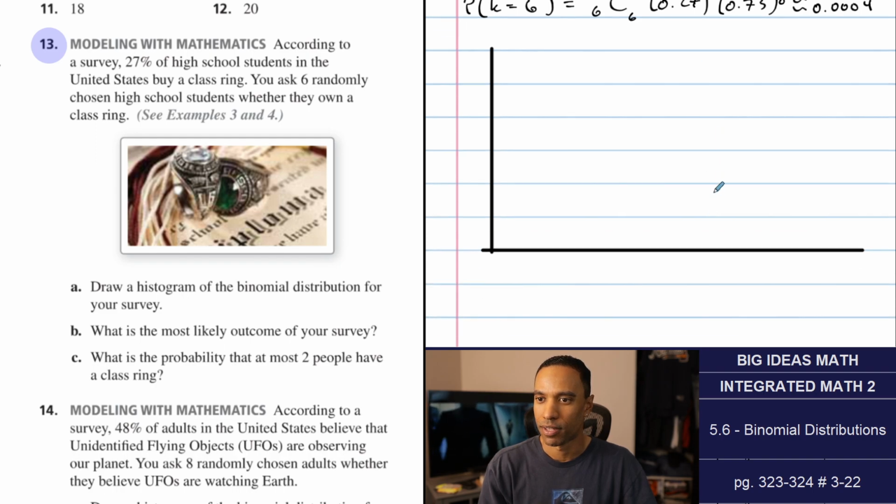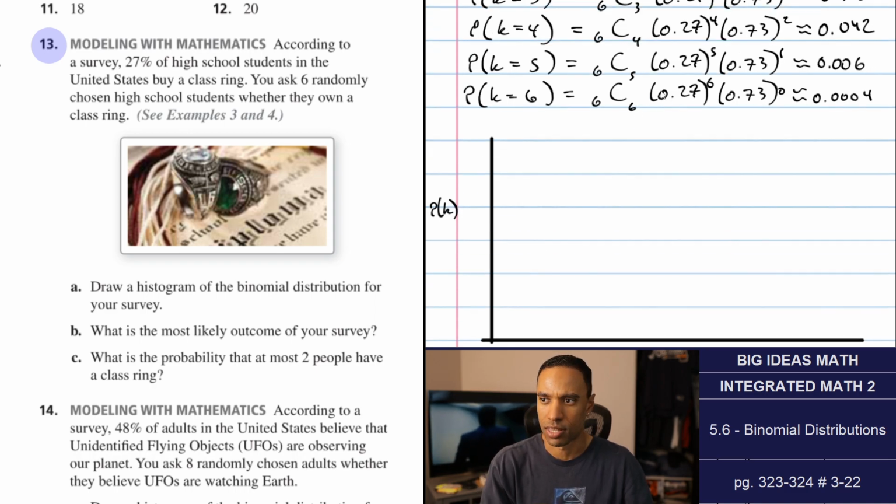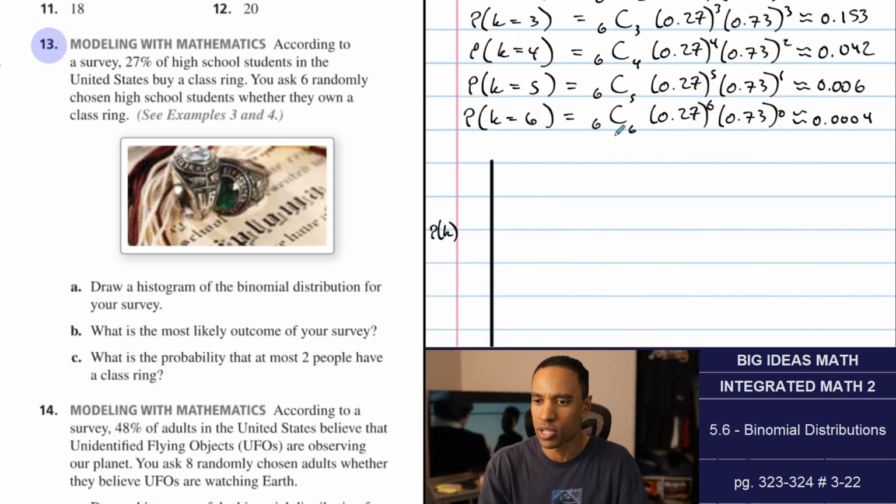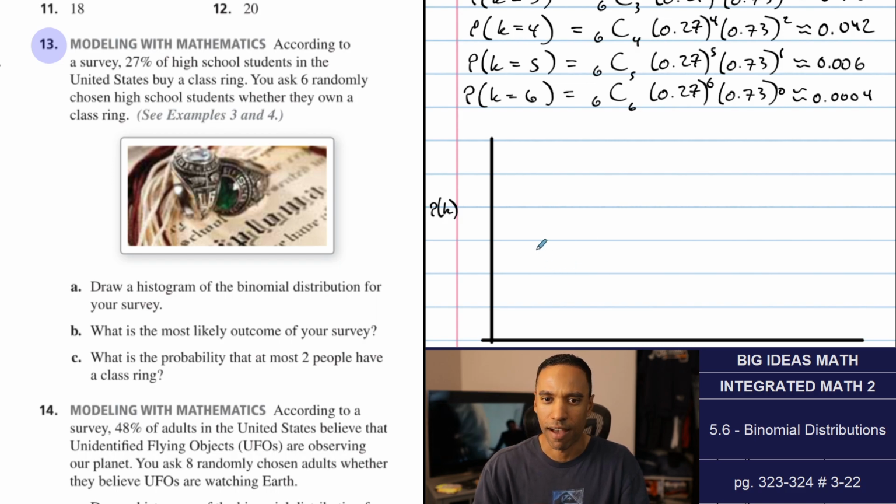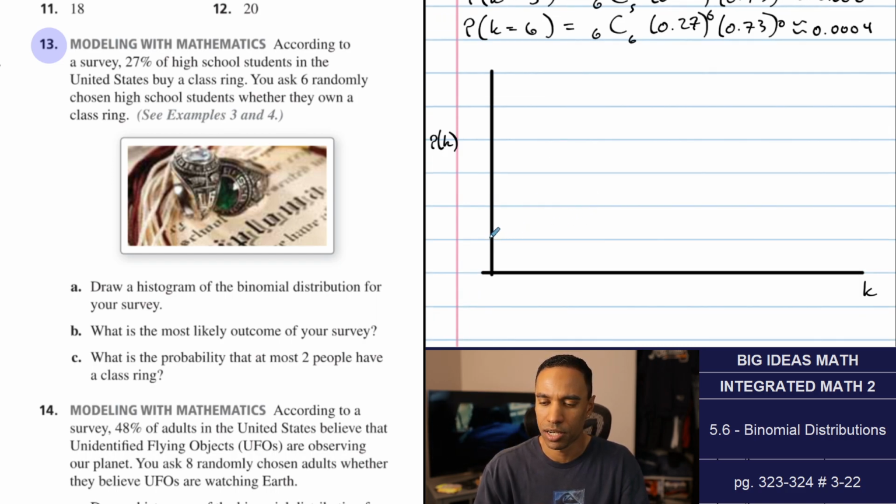So if K is buying a class ring and probability of K is exactly that. What's the highest? 33%. We can go by 5% increments here. No, 6. 5 is smoother for me. 5, 10, 15, 20, 25, 30, and I'll kind of go up to 35 here. The idea of it anyway.